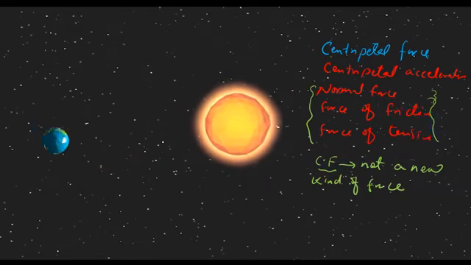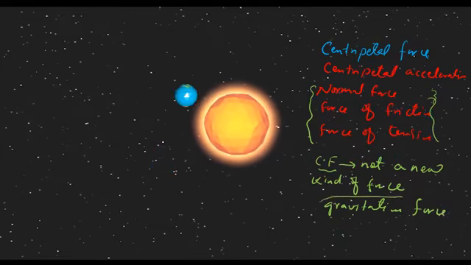Here you can see in this figure, Earth is always moving in a circular path around the sun, and this gravitational force is responsible for the circular motion of Earth around the sun.